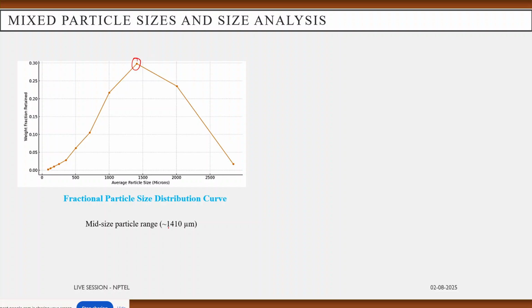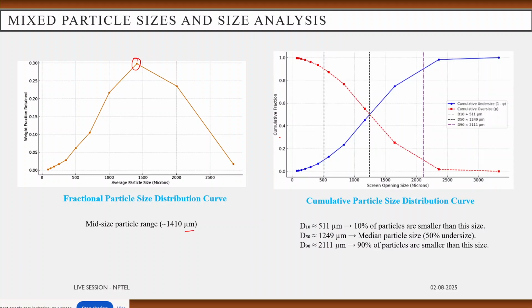Similarly, for the cumulative particle size distribution, these are the cumulative fractions up to 1, and these are the screen openings in microns. This represents cumulative undersize material, and this represents cumulative oversize material, which goes up to 0 when we increase the screen opening size.